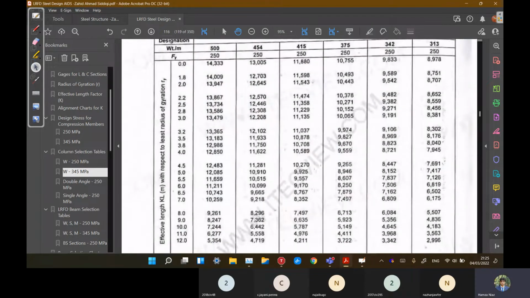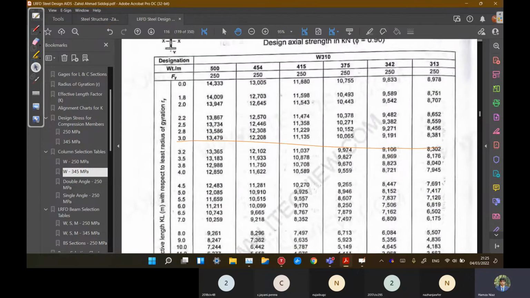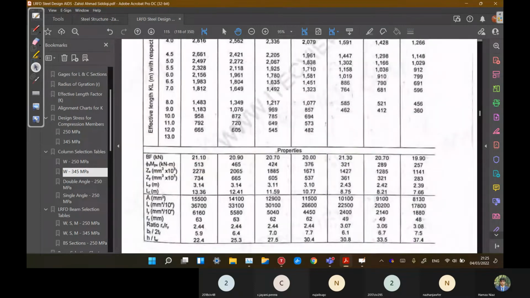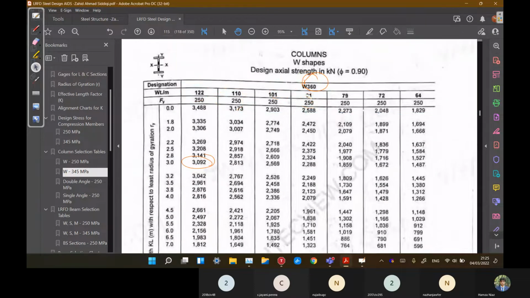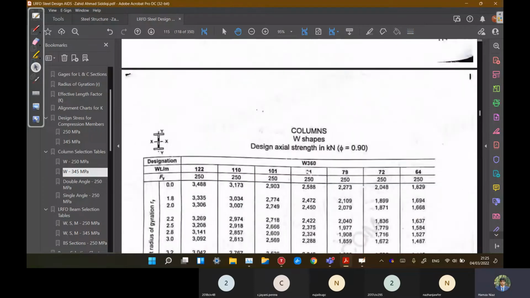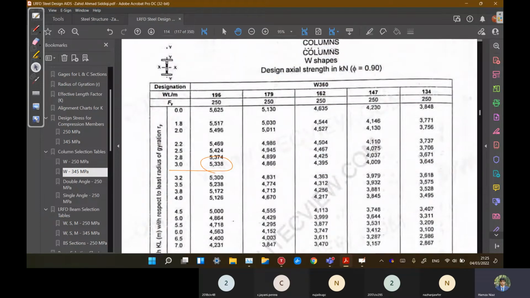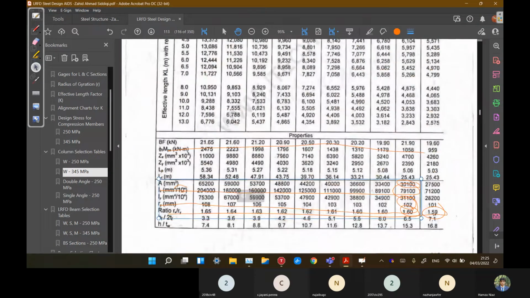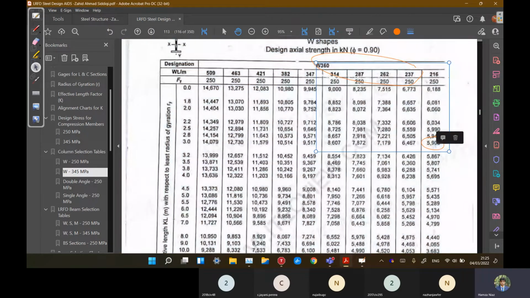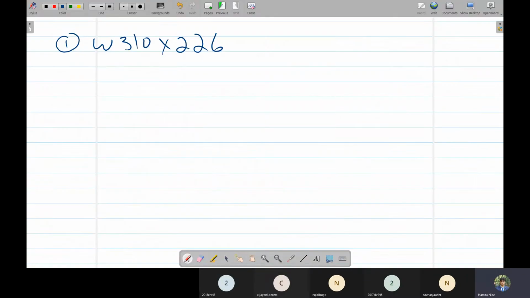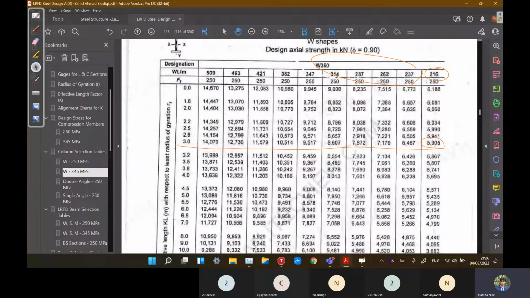We'll check all the tables. For 3 meters, all the others are heavier, with no lesser capacity. Almost for this it was 5,000. And for this one at 3 meters, we have a capacity of 5905. Our required was 5908, so almost equal. We'll use W360 into 216.